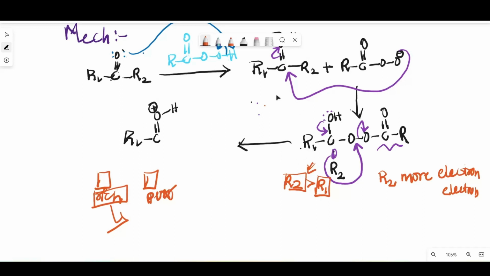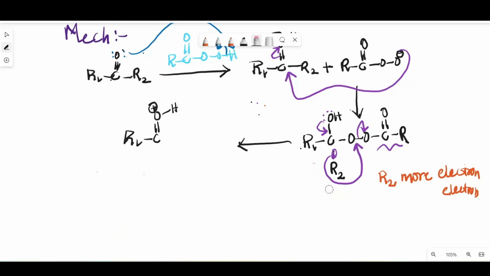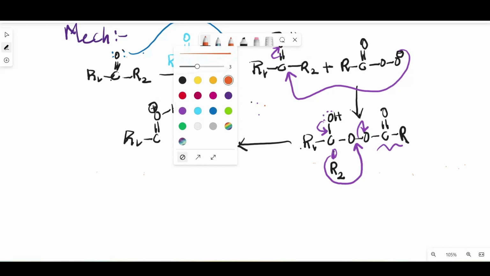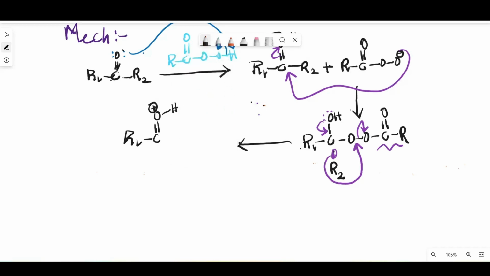So in this way you can remember this. Generally in this reaction we have an order of the migratory groups. If it is more electron rich, then that group will be migrated. That's it. Generally in advanced exams they give the migratory order. In other exams we need to remember one order. I will explain that order also.